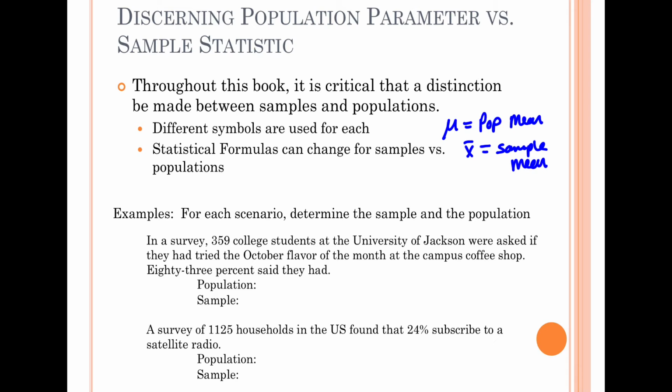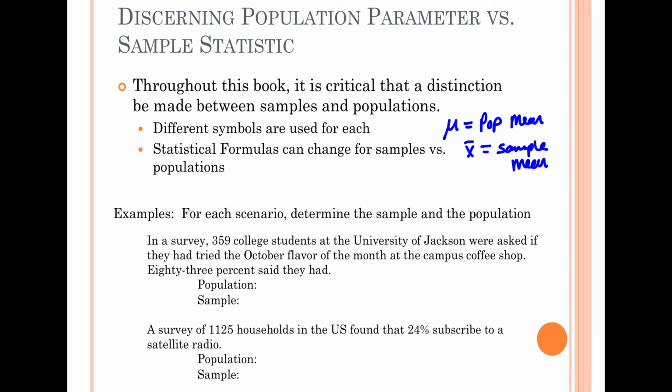In a survey, 359 college students at the University of Jackson were asked if they had tried the October flavor of the month at the campus coffee shop. 83% said they had. All right, so in this case, we have to ask, what is our target population? And in this case, the target population would be the students at UJ.